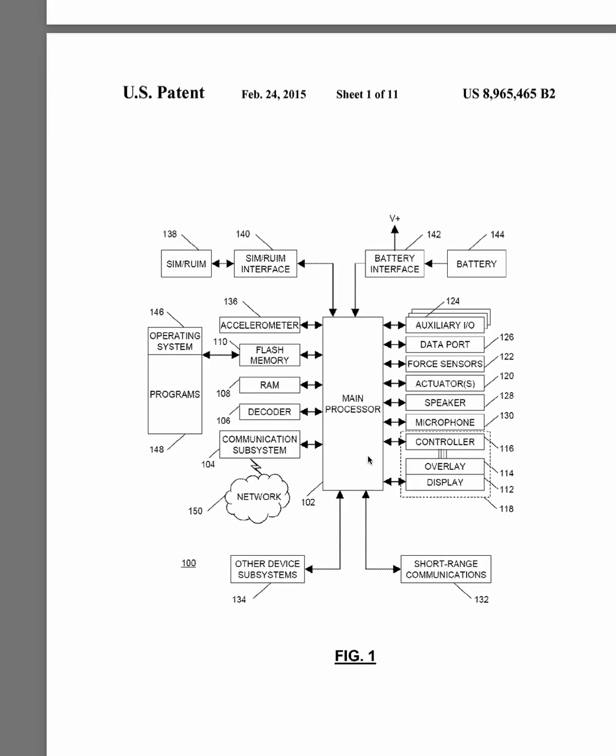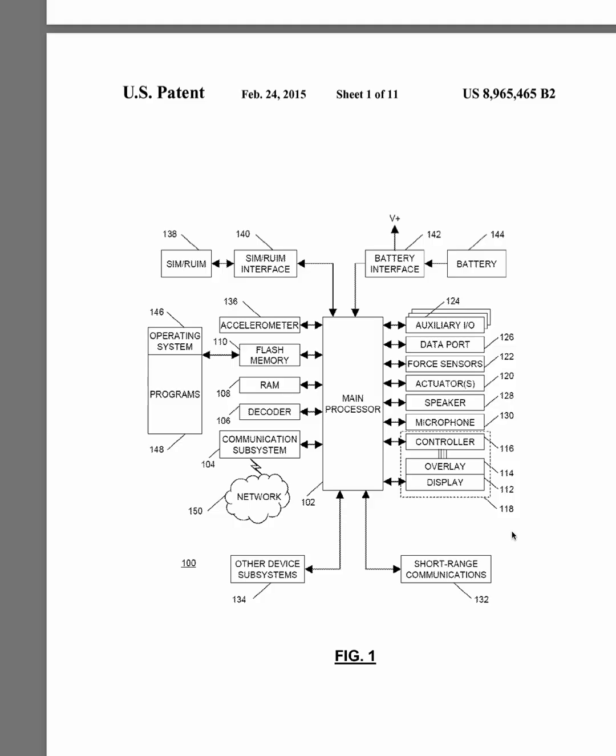So here we have the figures. I am not going to look at each figure in detail, but I will just give you a high level. Each figure has an annotation for the number that the figure is, and every single component, you see all of these numbers, every single component has a number, and it will be explained in the patent.